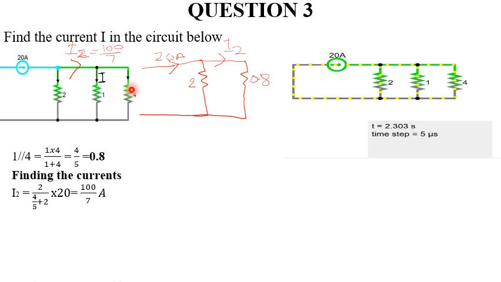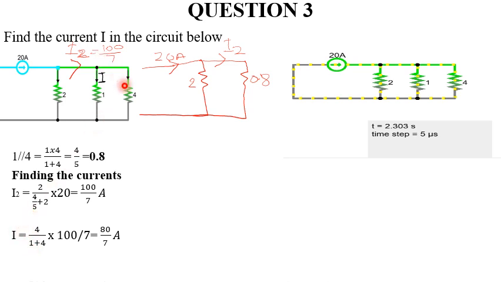So we find the opposite resistor. Our total current now becomes 100 over 7. So the opposite resistor to I becomes 4 all over 4 plus 1, then times our 100 over 7. So this is what we do.